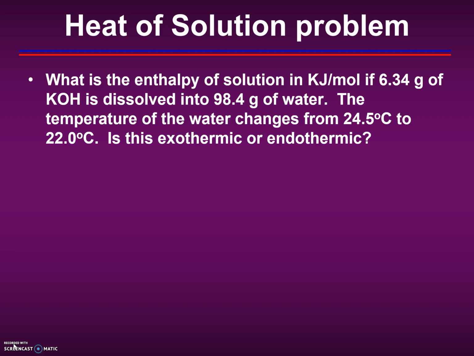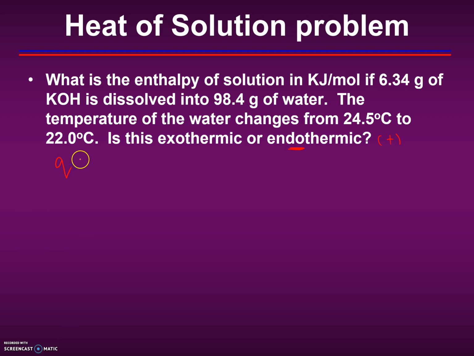It's going down. Endo has the beginning part of down in it. So if it's going down, this is going to be an endothermic reaction, and therefore our answer is going to be positive. If our temperature had gone up, it would have been exothermic, and we would have put in a negative. So the first thing I need to do is figure out the heat.